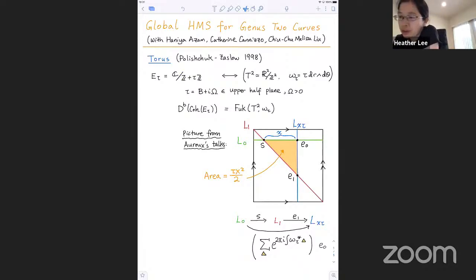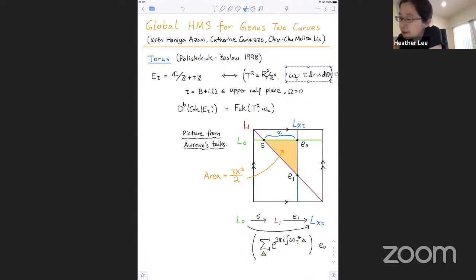Mirror symmetry is a duality between complex geometry and symplectic geometry. In this case, the mirror to this torus is also a torus. In general, the mirror doesn't always have to look like itself. So the mirror here is a symplectic real torus with this complexified symplectic form.